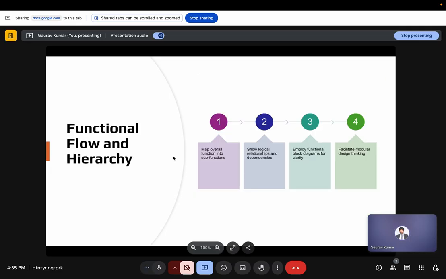Now next one is functional flow and hierarchy. We decompose the main functions into sub-functions and map the logical order. So dependencies and concurrency become visible. Each sub-function can be solved, tested, and iterated semi-independently, enabling modularity.